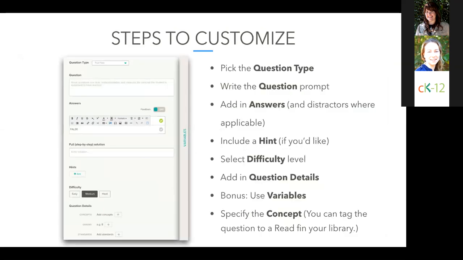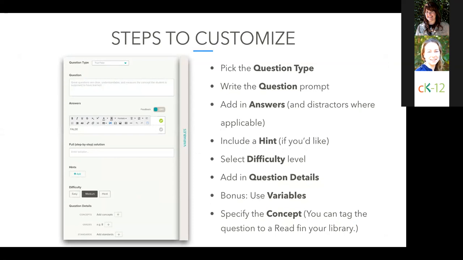Once you choose what type of question you're going to pick, you also have some other options to customize these questions. You're going to pick the type and write the question prompt. You can add in answers and even add in distractors if you want. You can include a hint if you would like.